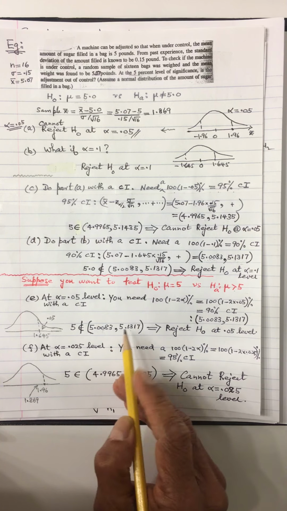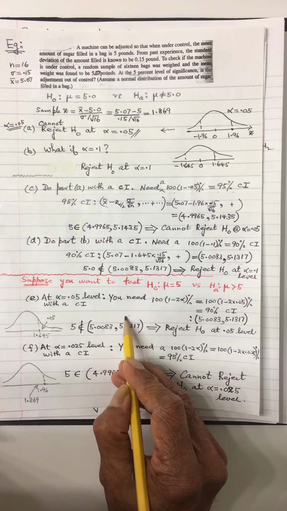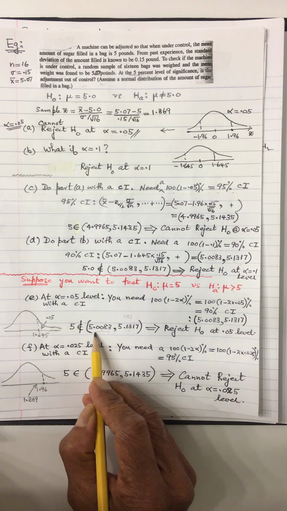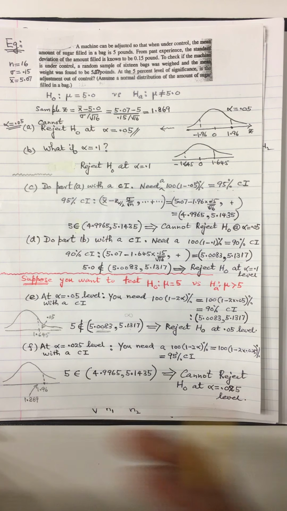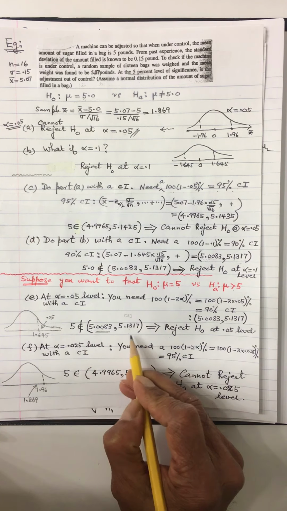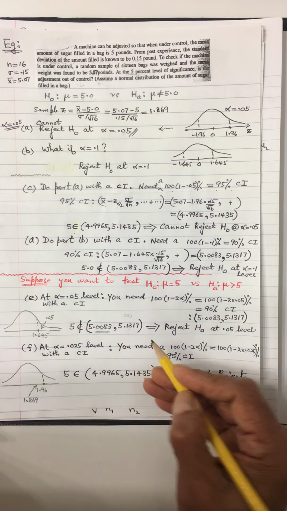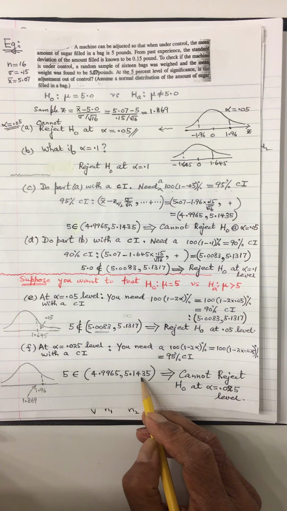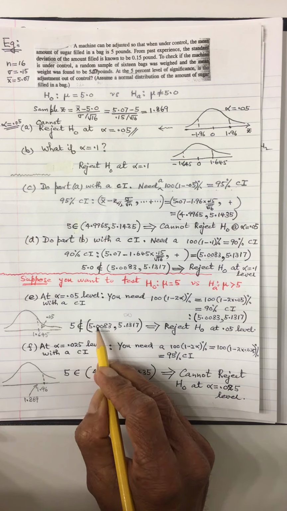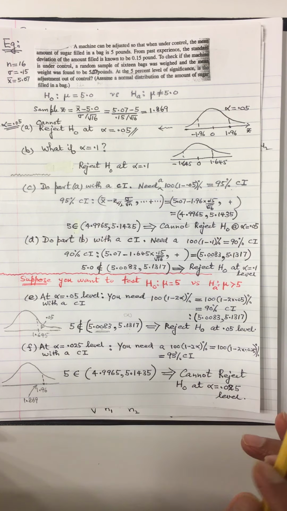So in other words, when you get the confidence interval, you are utilizing only this for the upper tail test, not this. All right? For the lower tail test, you are utilizing the other end value to decide. All right?